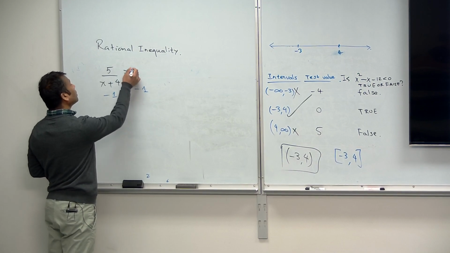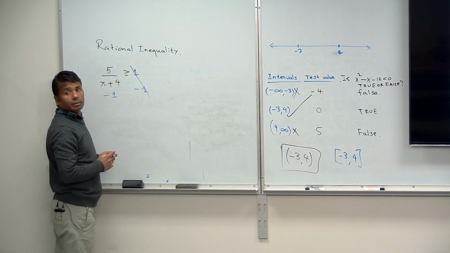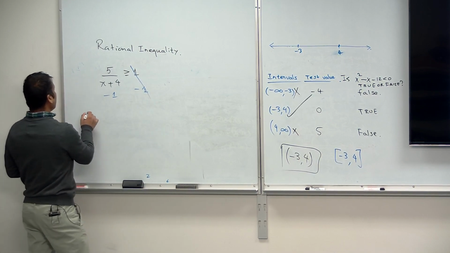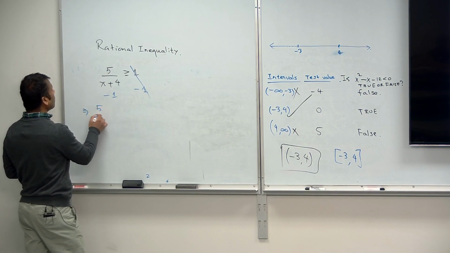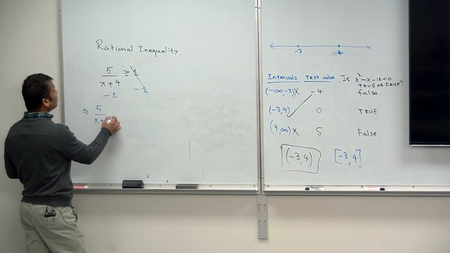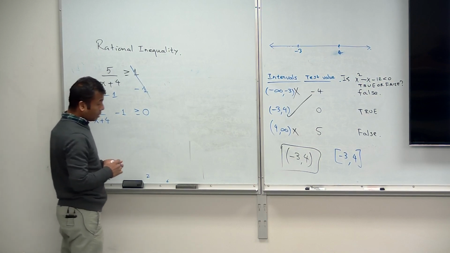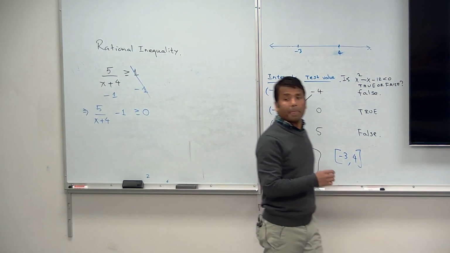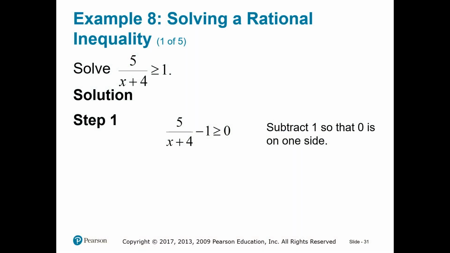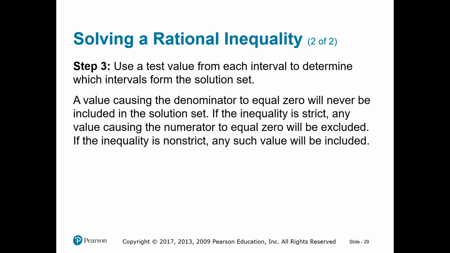Subtract 1 from both sides. Okay, so it would be 5 over x plus 4 minus 1 is greater than or equal to 0. You see, we are done with the step 1. Does that make sense?